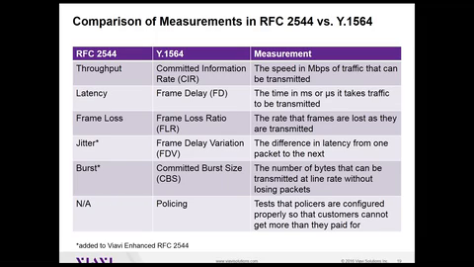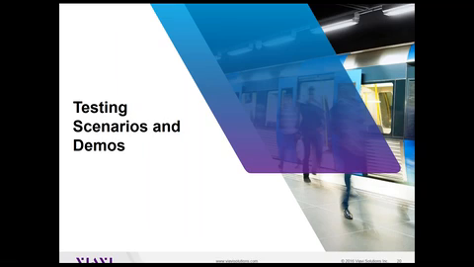In the RFC 2544 column, there's no policing test, but in 1564 there is a policing test, and what that does is it verifies that a policer is set properly, so that, again, if you had 100 meg service and maybe a 20 megabit allowance above 100 megabits before a policer kicks in, you want to verify end to end that the policing value is set properly, so that the customers only get what they paid for.